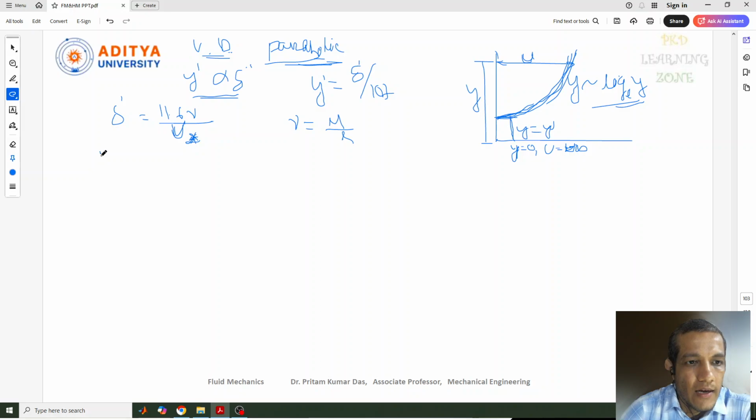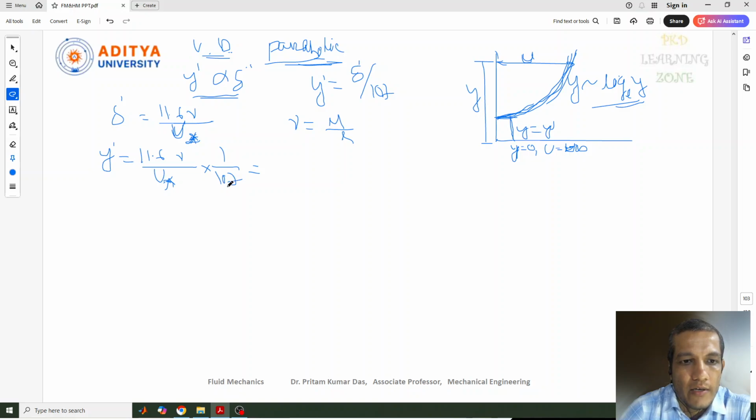Now what can we write? I can write y dash equal to 11.6 nu divided by u star, just putting the value in this equation, into 1 by 107. So finally what we'll get here is 11.6 by 107, near about 0.108 something will come.